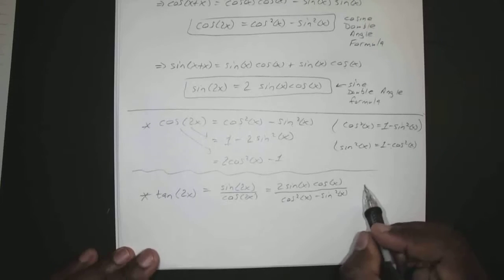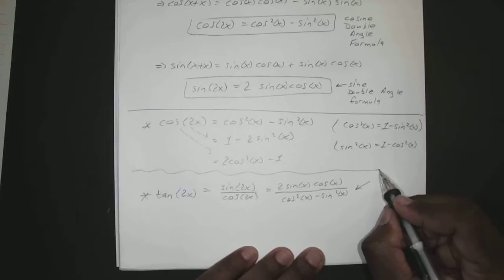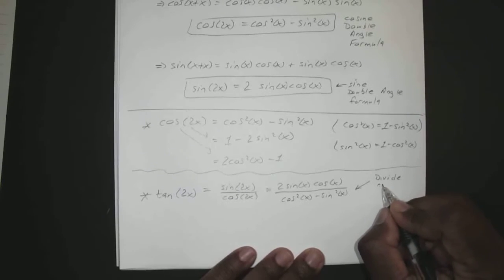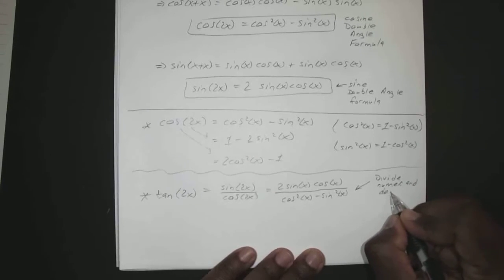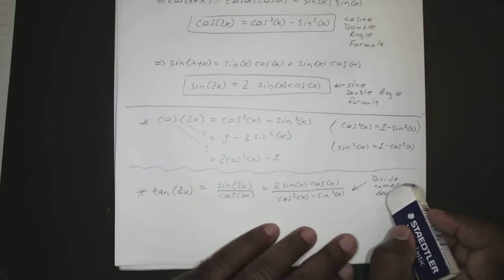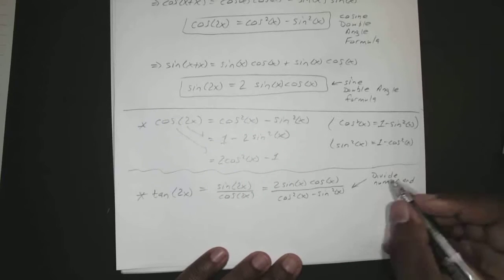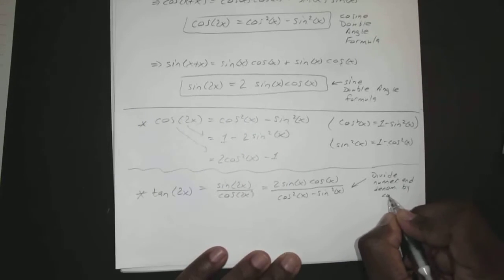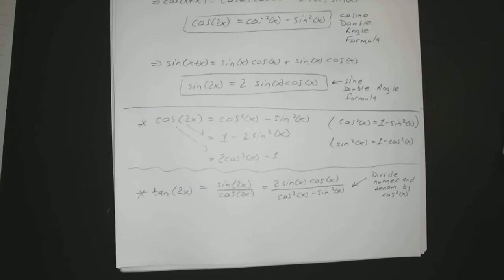Okay. Now what if we decided to divide everything by cosine squared of x, numerator and denominator?